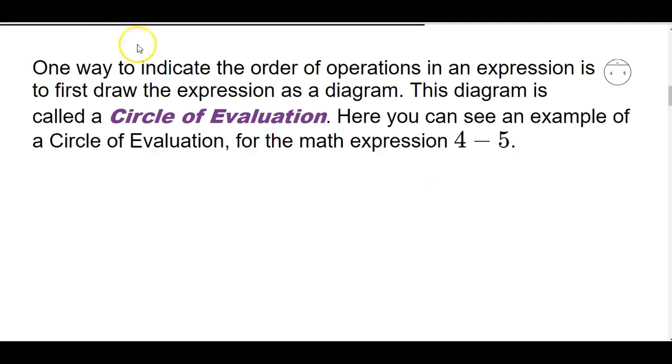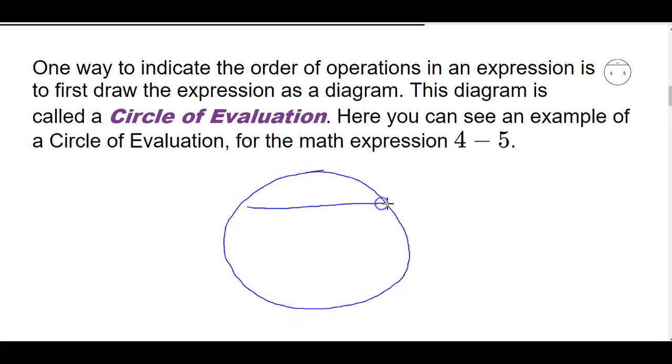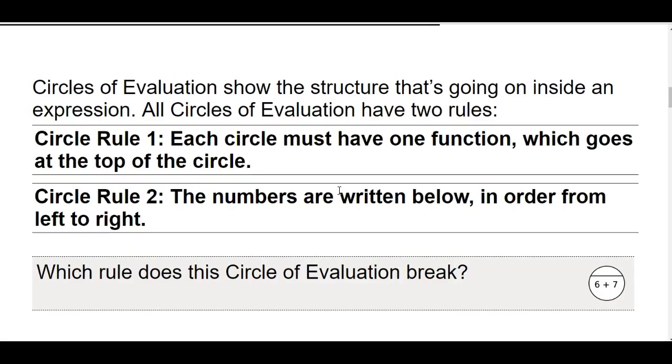Okay? So I wonder if I could do it this way. Let's see if this would work too. Let's try a circle. Oh yeah, that's not bad. And a line, right? So we put a minus sign, and then we do 4 and 5. And that means 4 minus 5.